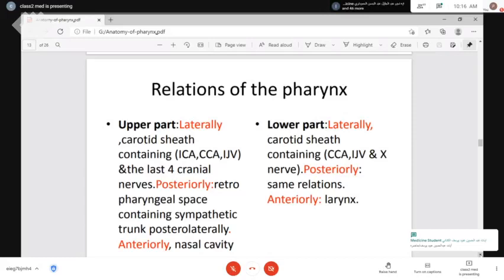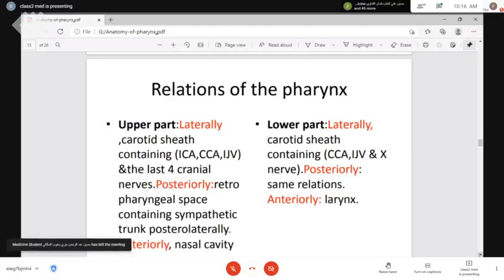The upper part is laterally related to the carotid sheath, which contains the internal carotid artery, common carotid artery, internal jugular vein, and the upper four cranial nerves. The lower part is laterally related to the carotid sheath containing the common carotid artery, internal jugular vein, and the vagus nerve.